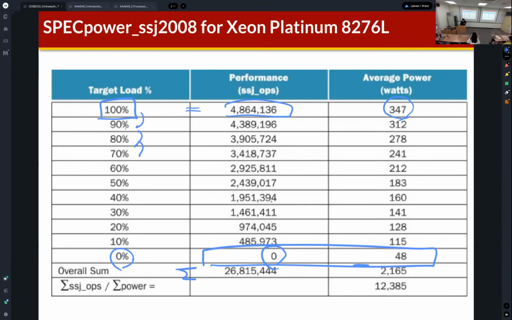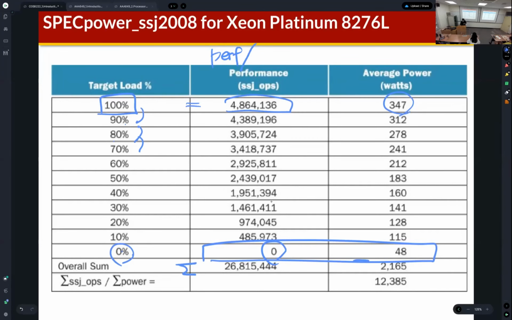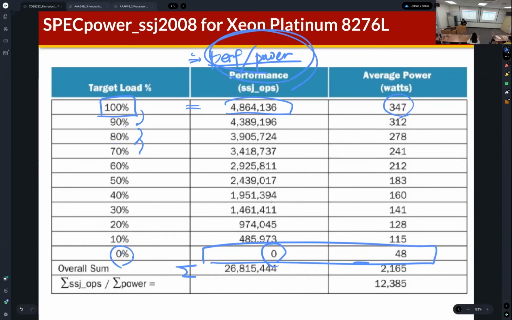I mentioned that we want to calculate performance per power, but it means that if we use this metric, then we assume that if we invest more cost, which means that if the computer system consumes more power, then performance can be increased. Right. So just looking at this metric, the performance per power consumption, it means if we invest more cost, the performance can be high, but it's not proportional.